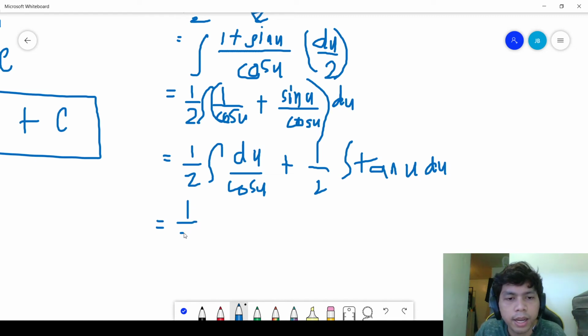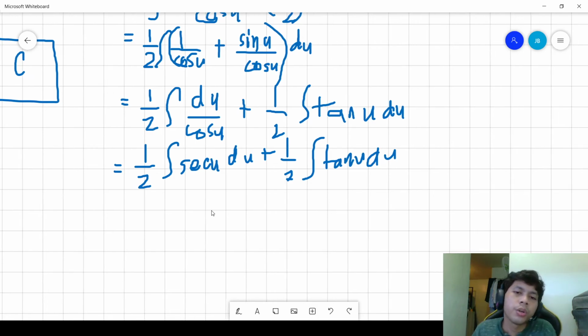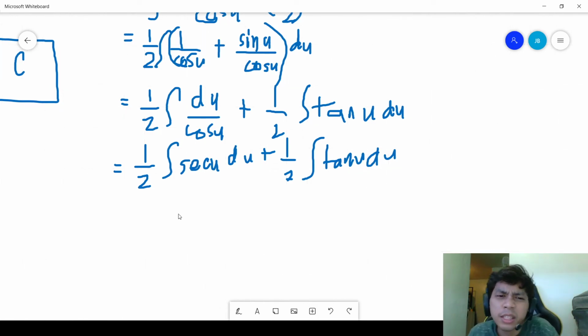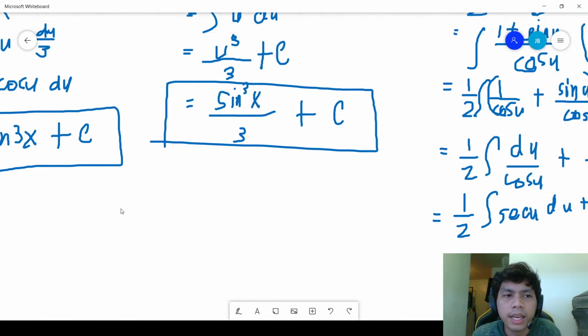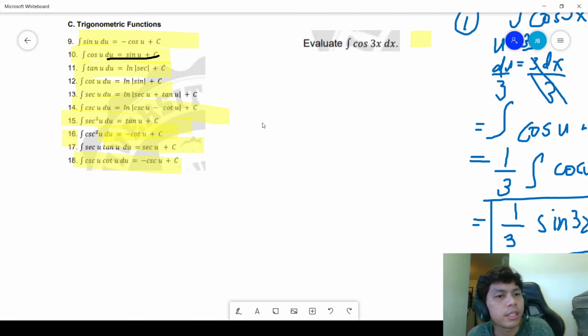So that would be 1/2 integral of secant u du plus 1/2 integral of tan u du. What's next here? We will now find the integral of sec u du. By looking at the theorem, the integral of sec u is ln of sec u plus tan u plus c.